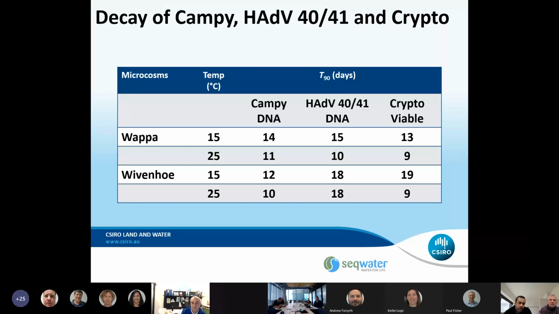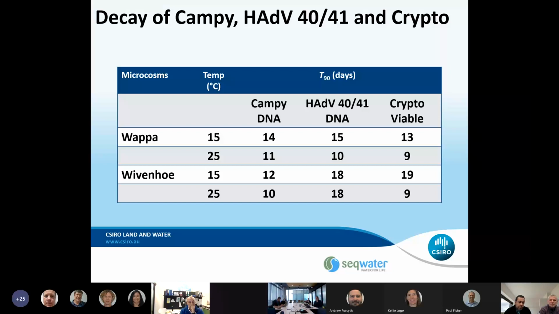Adenovirus DNA and Cryptosporidium DNA persisted longer than Campy, and again at 15 degrees centigrade they persisted longer, and at 25 degrees centigrade they persisted shorter.